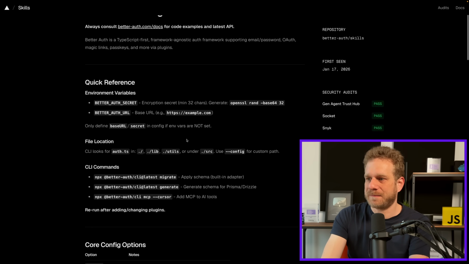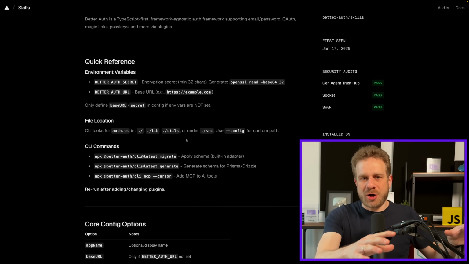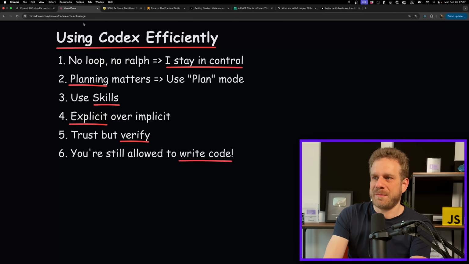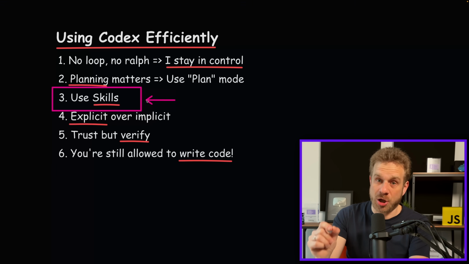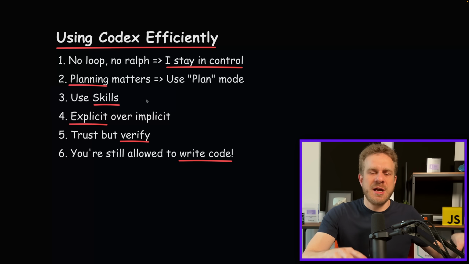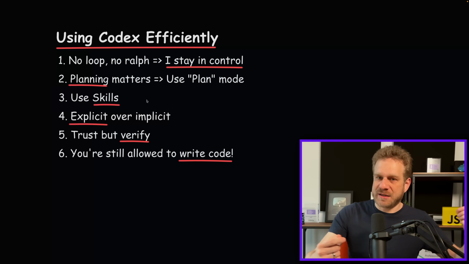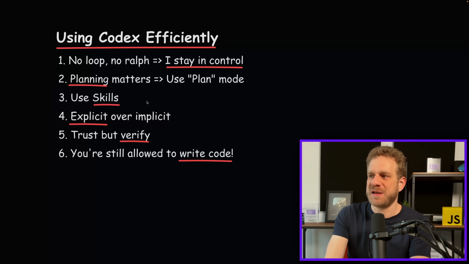In the end, it is always all about constructing the right context and giving the agent the right information. So skills, just as with Claude Code, still matter a lot when working with Codex. And I found Codex to be very efficient when it comes to activating the right skills at the right time. I was really happy with its behavior there.